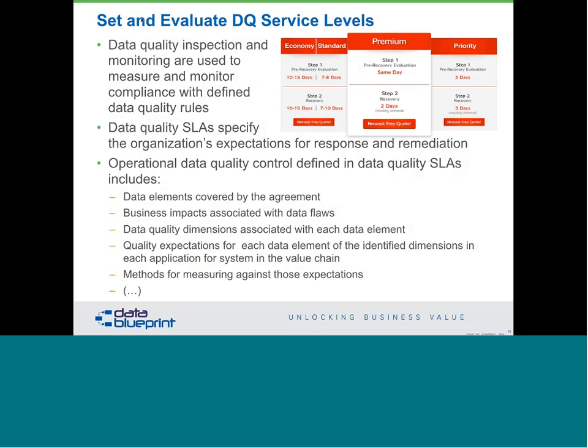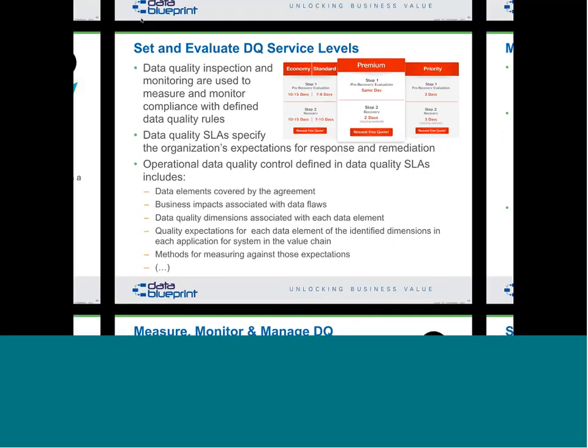So if you need it faster than 7 or 8 days, you pay more for it as far as going forward there. Again, what are the data elements covered by the agreement? What are the business impact of flawed data? What dimensions are associated with each specific data element as it relates to the process? What are the expectations for each data element that are there? And what are the measurements against those particular expectations?